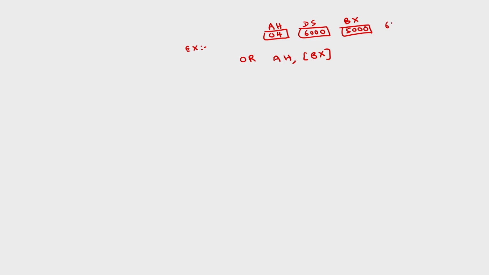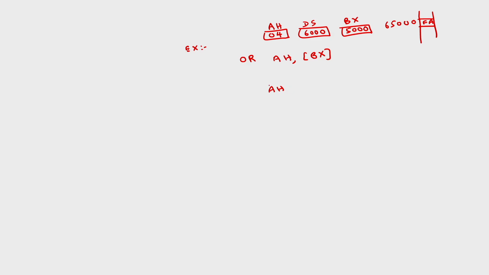The contents of the 65,000 memory location is some FAH. So here this operation is going to logically OR the contents of AH with the contents of the memory location which is pointed by BX register. So in this we have physical address of 65,000, in that 65,000 we have FA.